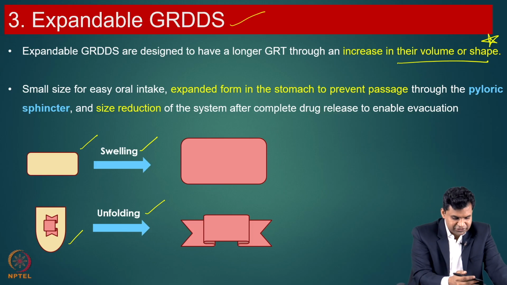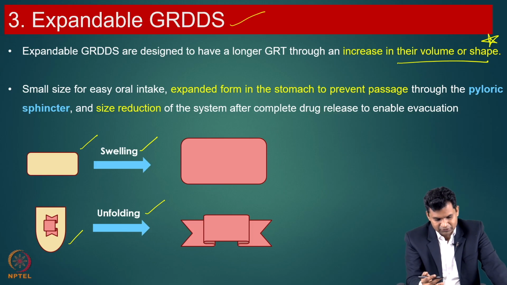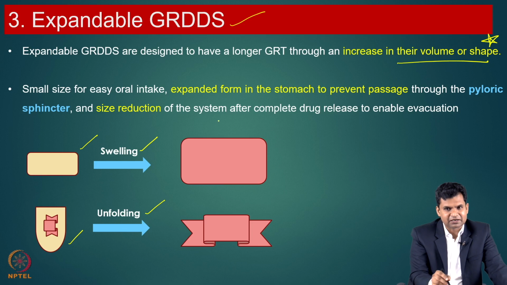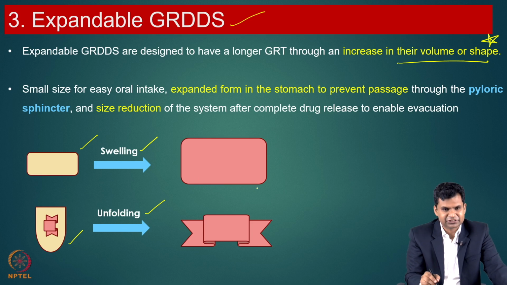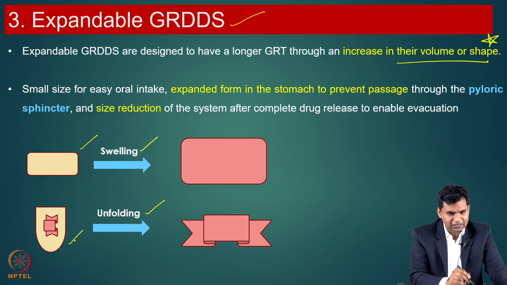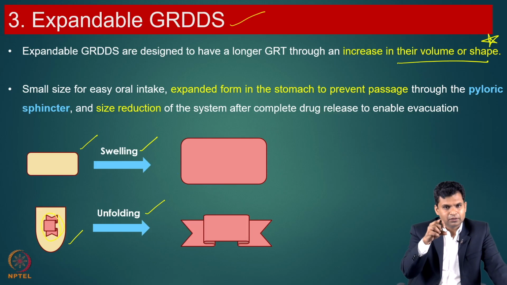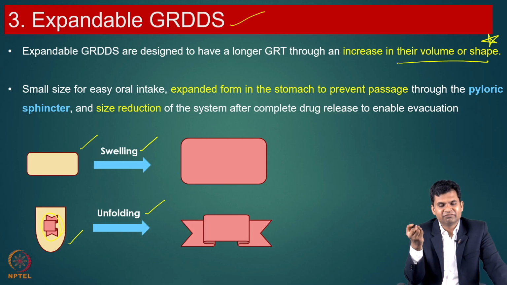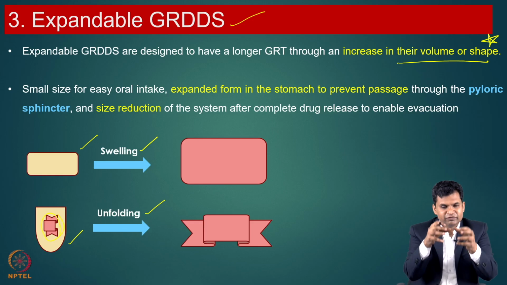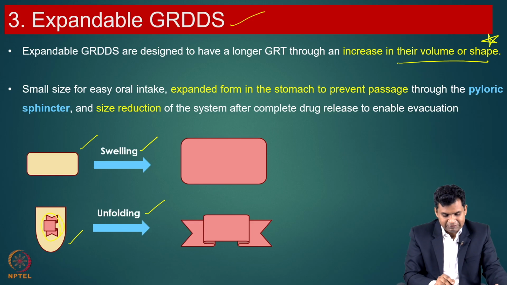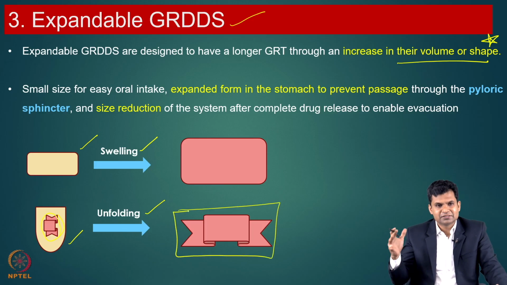After administration, the swellable system will take up water and increase its surface and shape. In the case of unfolding, we put the medicine in films which are folded, load them into capsules, and after administration this will expand into the required size.